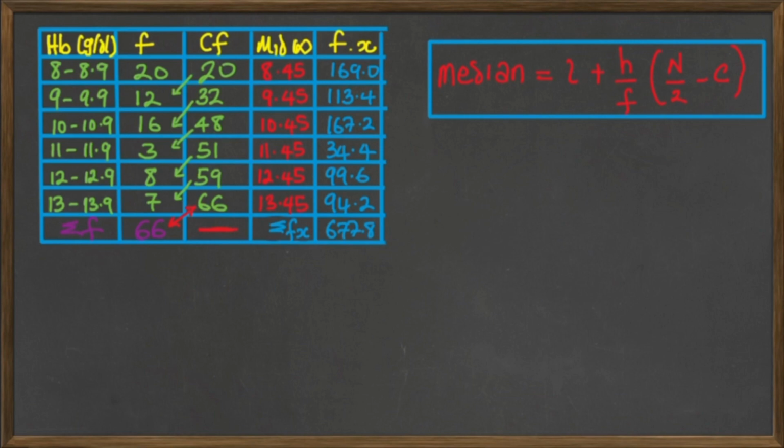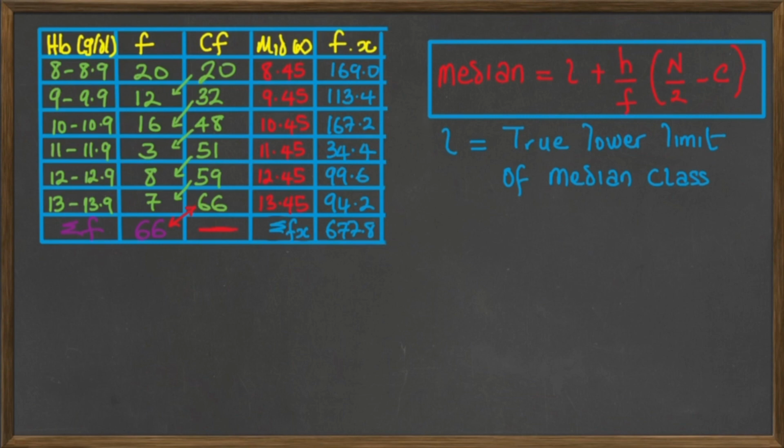The first one here is denoted by a small letter L, and this is the true lower limit of the median class. Now, everything about this formula is mainly related to the median class, and you need to first find out the median class. That's the first thing you need to do.